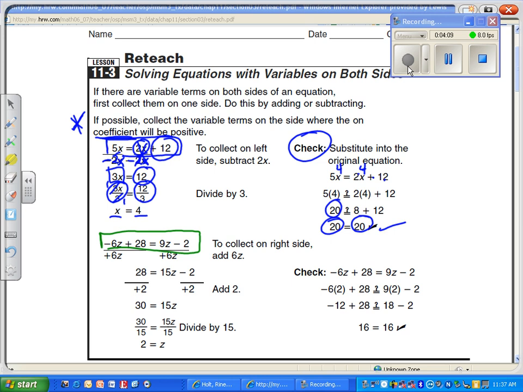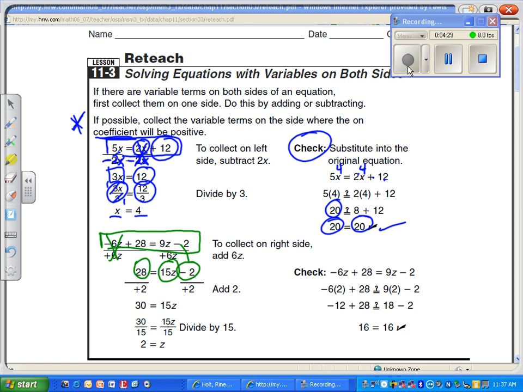Don't want to do that. So to get a positive coefficient, I need to get rid of the negative 6z. So I'm going to add 6z on both sides to get rid of that. So those wash away. And then 9z plus 6z on the right gives me 15z, and I got to bring down that minus 2, and it leaves me with 28 over here.